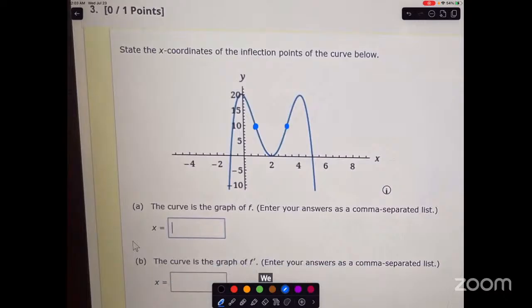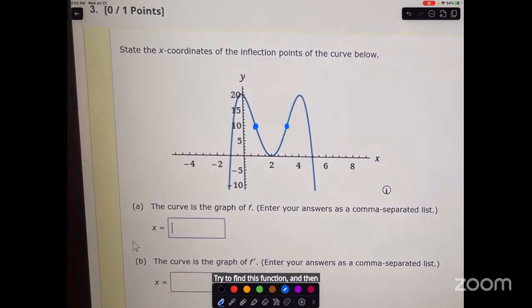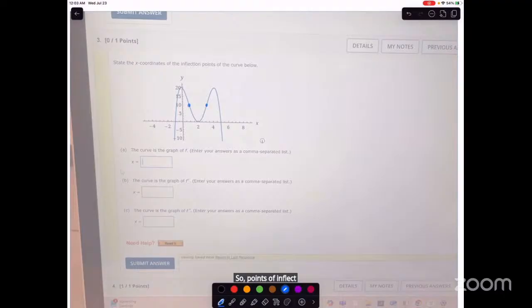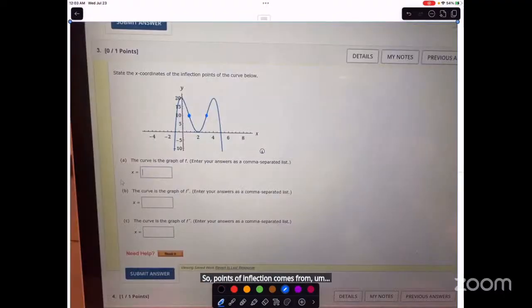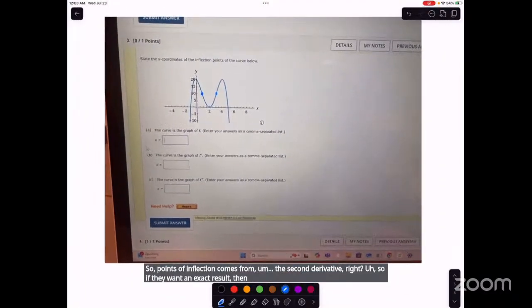We got 3 zeros with one with a double multiplicity. So what we can do is try to find this function and then take the derivative twice. So points of inflection come from the second derivative, right? So if they want an exact result, then we need to try to find this function.